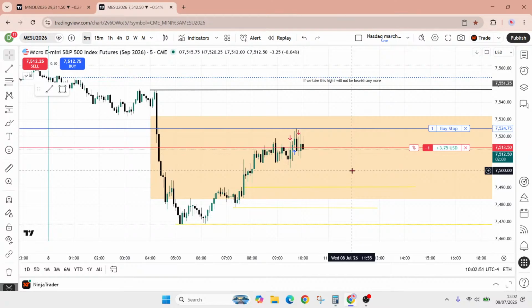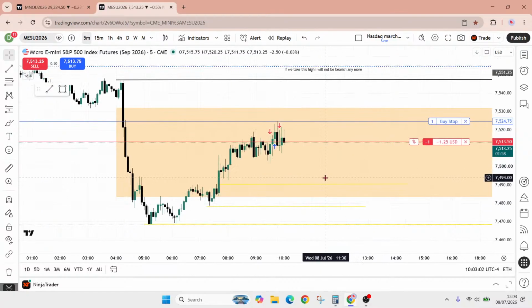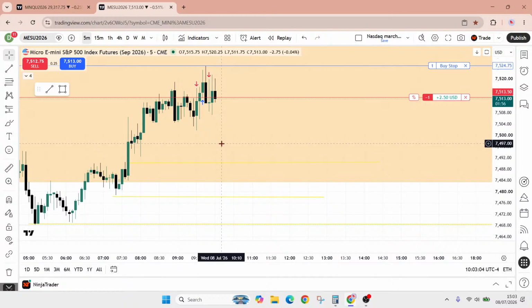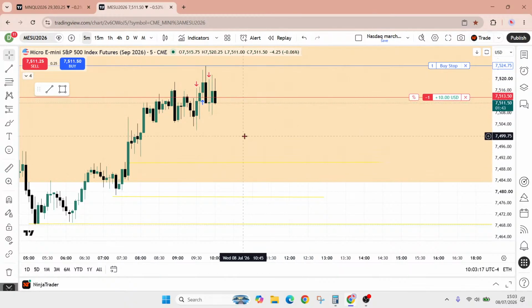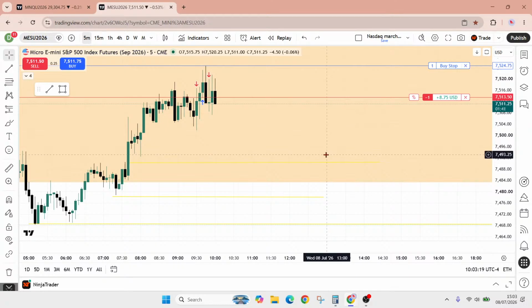NQ is looking now a bit more bearish. Wow. Yeah, I should have waited for this breakout. That's why I've got testing trades in my strategy. There's not much I can do now. I expose myself to the maximum now.